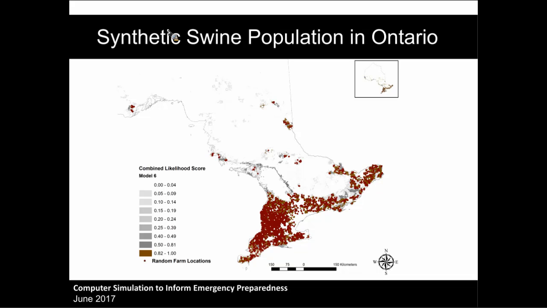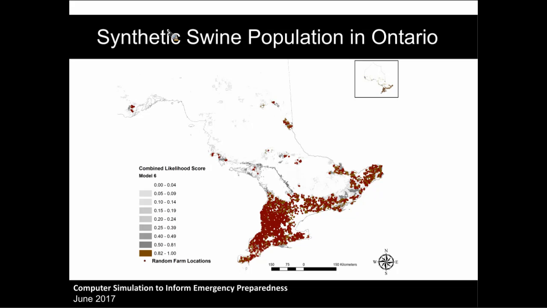For those surfaces, we overlaid the census data. In the census data, the smallest unit was the CCS, that is Census Consolidated Subdivision. Each CCS has a number of farms. Let's say, as an example, CCS A had 100 farms.